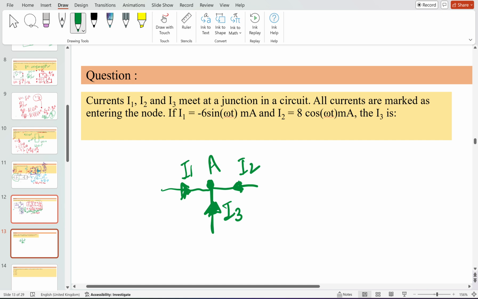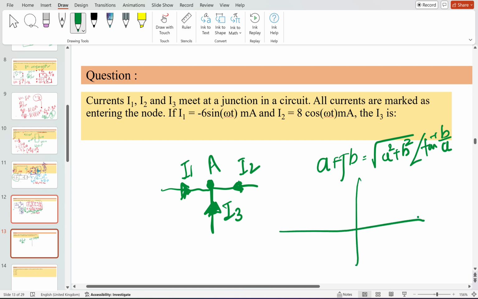When you're writing a plus jb in the form of root of a square plus b square, angle tan inverse b by a, you have to see the coordinate. That is more important. If you are having simply, suppose, 2 plus 3j, all positive, it will come out to be in the first quadrant. You can use this formula.